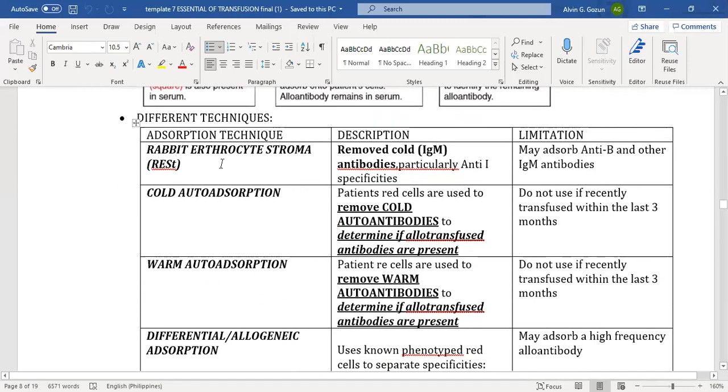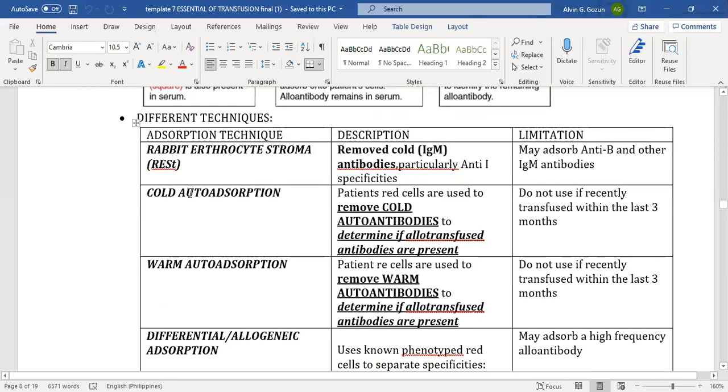So what are our techniques? Your RESt or rabbit erythrocyte stroma: it removes cold or IgM antibodies, particularly anti-big I specificities. Limitation: it may absorb anti-B and other IgM antibodies. We also have cold autoadsorption.